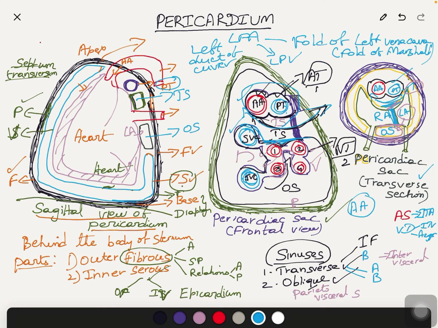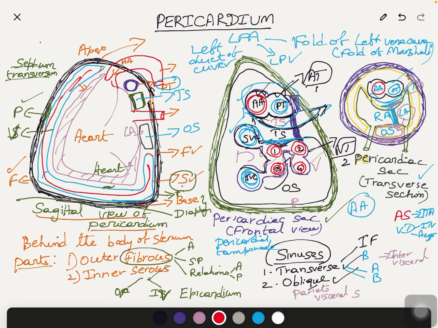Next is the pericardial tamponade. An accumulation of fluid in the pericardial sac. So this is the pericardial sac. Some fluid is accumulating in this pericardial sac.